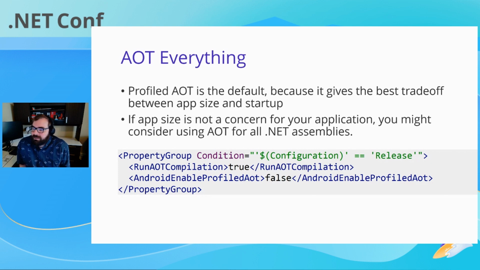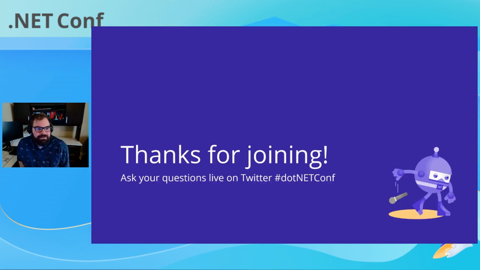And so every method in the whole app is going to start quicker and run quicker the first time. To do this, you just have to turn off profiled AOT in this example. This isn't even really experimental. It's just not the default setting, right? So feel free to do this one.